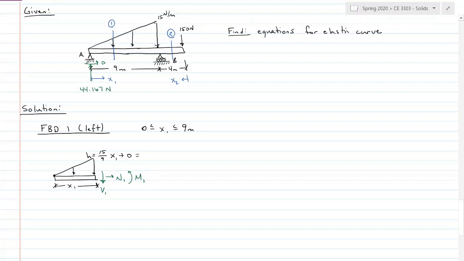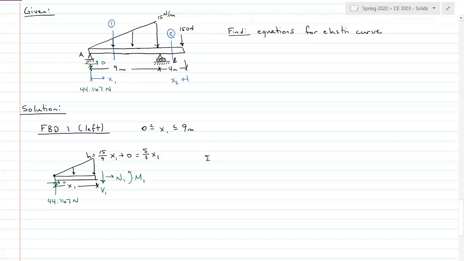And this is going to clean up a little bit to 5/3 x1. Oh, and I can't forget my AY. AY is 44.167 newtons, and AX remains 0. So there's my free body diagram.